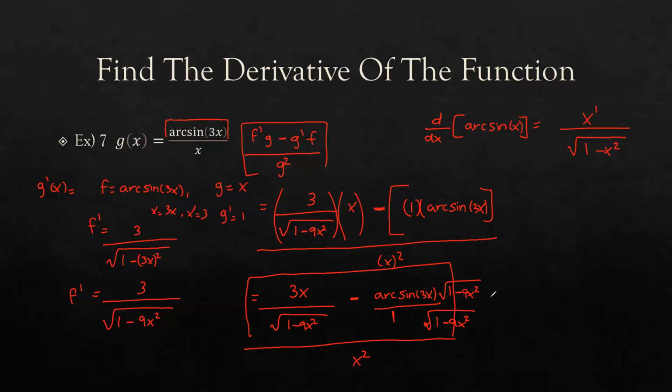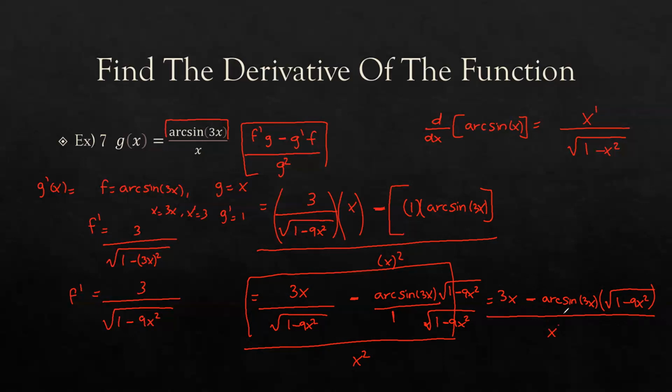So you get 3x minus arc sin of 3x times square root of 1 minus 9x squared, over x squared.